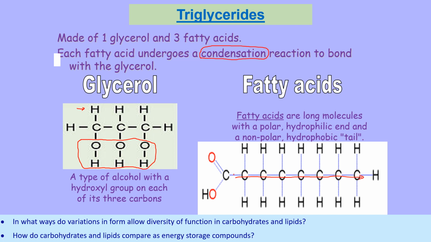And then at the end of the fatty acid, you have this carboxyl group, which is C double bond OH, and it's going to be the OH group that combines. So this bit here is going to react with one of these areas here, leaving one oxygen to link the molecules together.